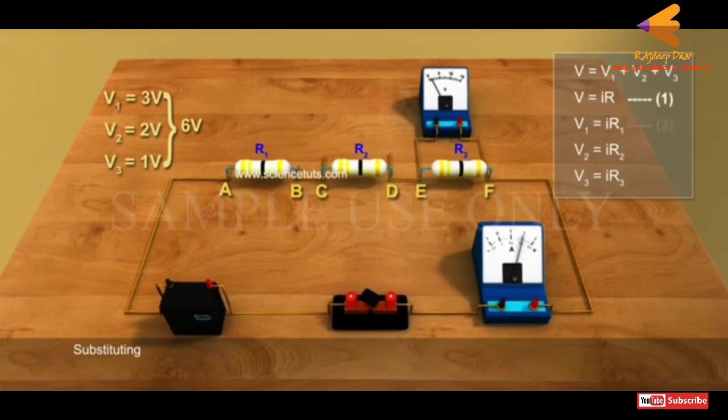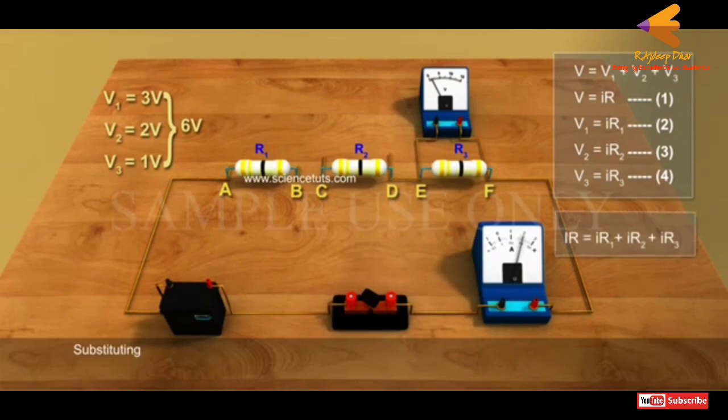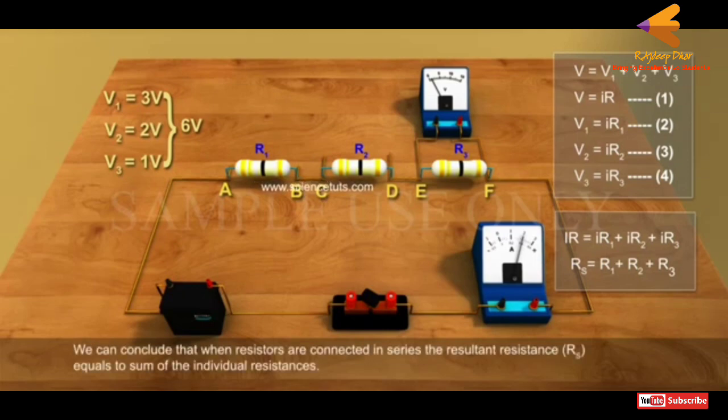Substituting 1, 2, 3 and 4 in equation A, we get IR is equal to IR1 plus IR2 plus IR3, or we get RS is equal to R1 plus R2 plus R3. We can conclude that when resistors are connected in series, the resultant resistance RS equals to sum of the individual resistances.